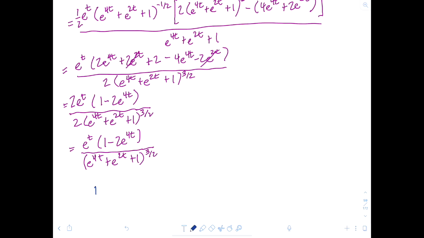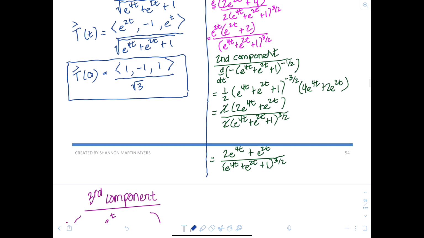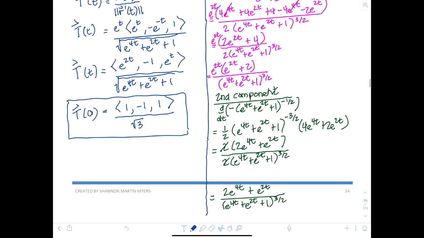We found out that T prime at t is equal to, in component form, so the very first one we had found was the pink.